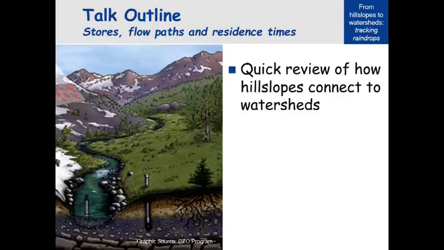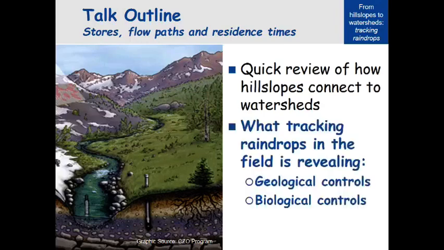So what I want to do for the next half hour or so is to give you a small overview of how storage and release works, perhaps at the hill slope and watershed scale. And then this new science of tracking raindrops with tracers. Tracers are used in many disciplines. The medical community uses them in cancer studies.